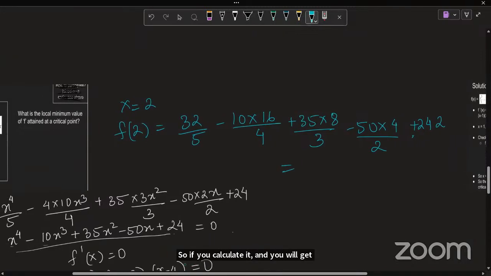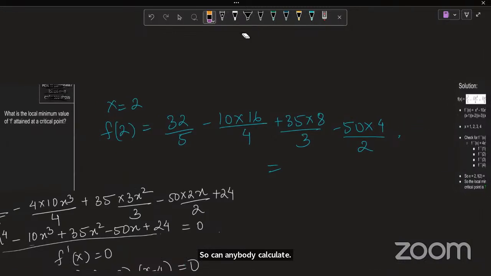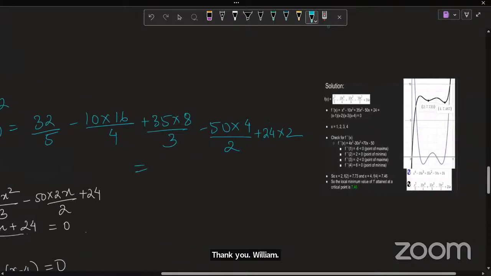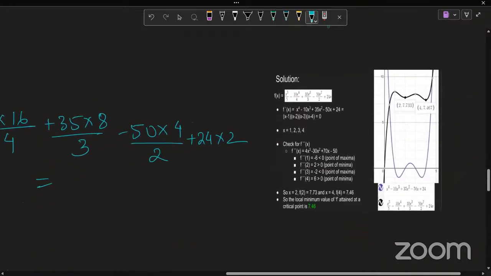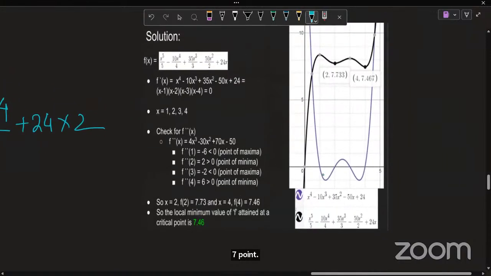Can anybody calculate it? In the solution you can see that at x equal to 2 you will get 7.33. Is it visible? And at x equal to 4 you will get 7.46.